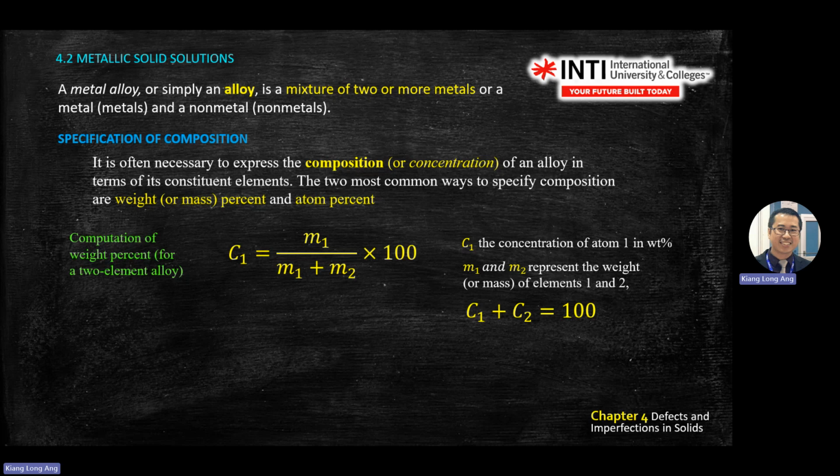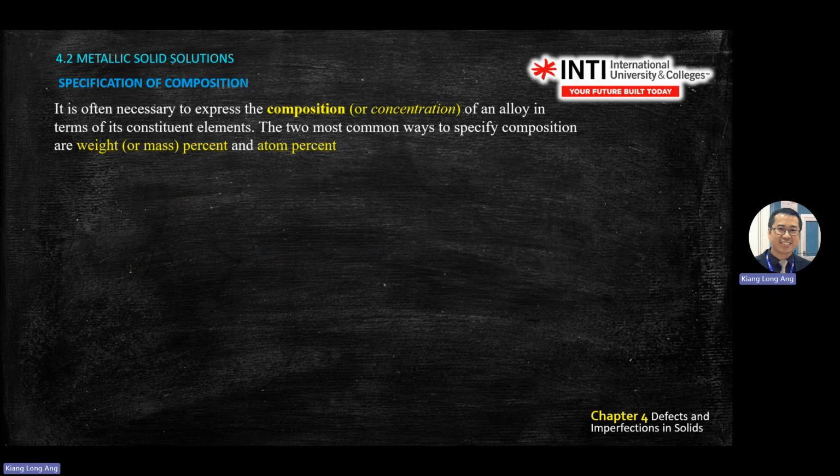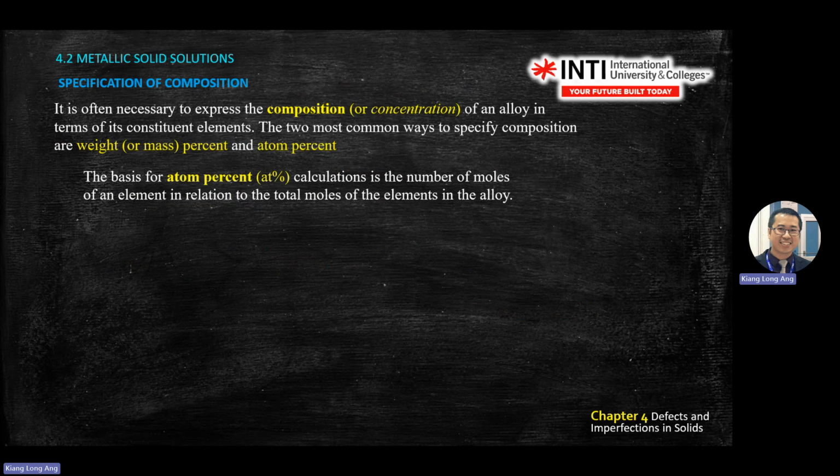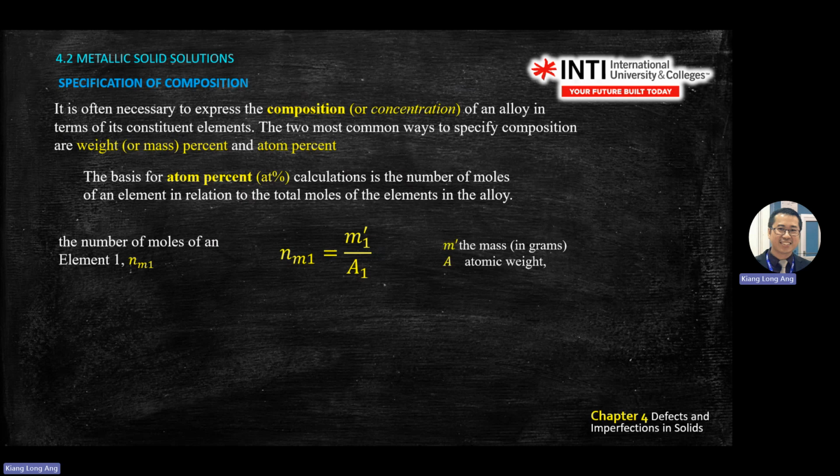Same. Okay. The second method is atom percentage. Atom percentage is where you are using moles already, the number of moles related to the total moles. This is the one you learn in your chemistry. You need to calculate the number of moles first. The number of moles is the mass divided by the atomic weight.